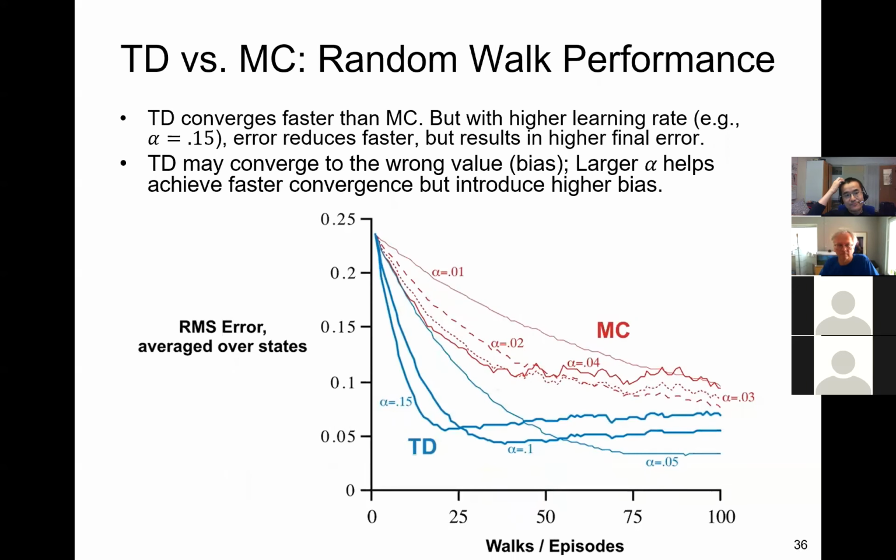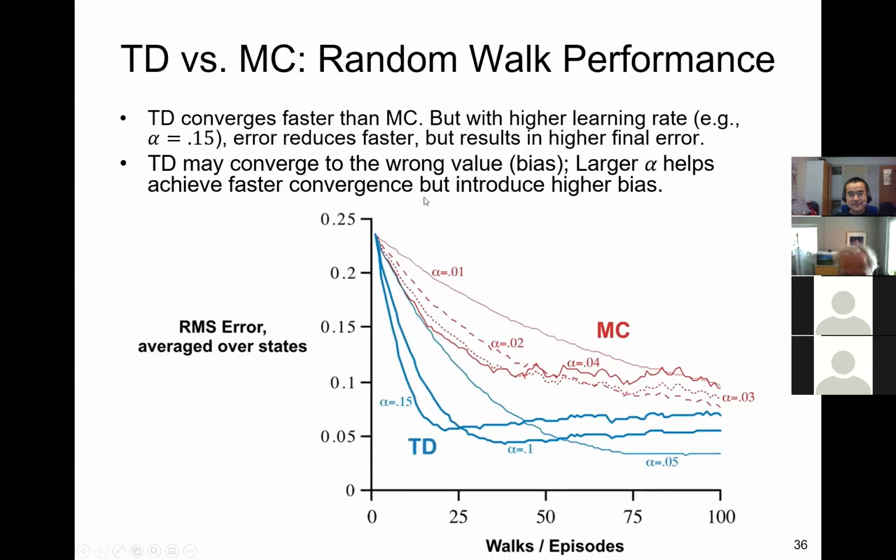So here's an example of a random walk evaluated for MC, the red lines, with different alpha learning rates, and TD with different alpha. TD generally converges faster than MC, but with a higher learning rate, say alpha equals 0.15, error reduces faster but results in higher final error.